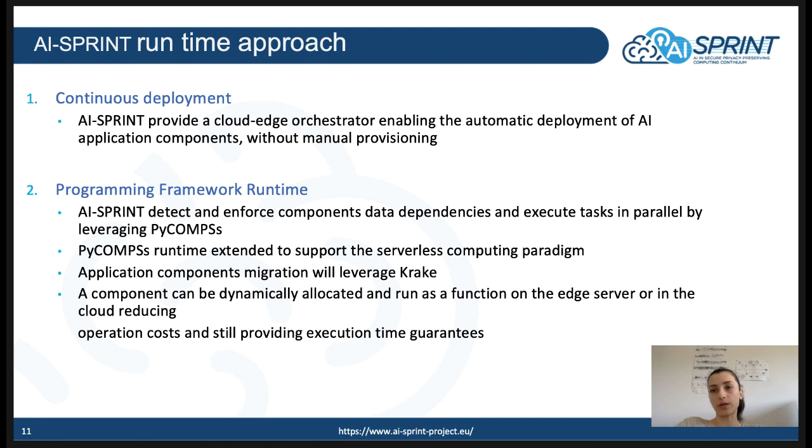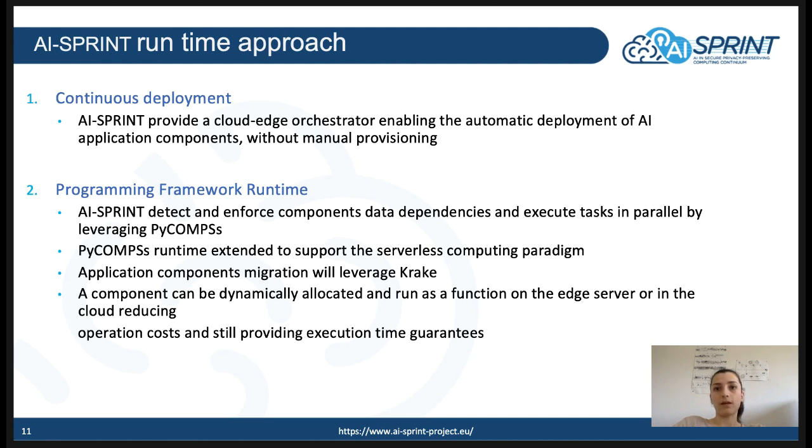For example, given the edge server current load, a component can be dynamically allocated and run as a function on the edge server or in the cloud, reducing operation costs and still providing execution time guarantees for the overall application.